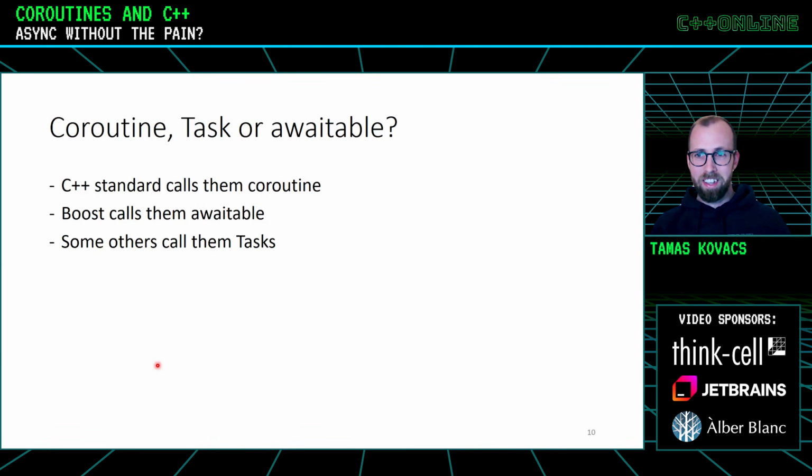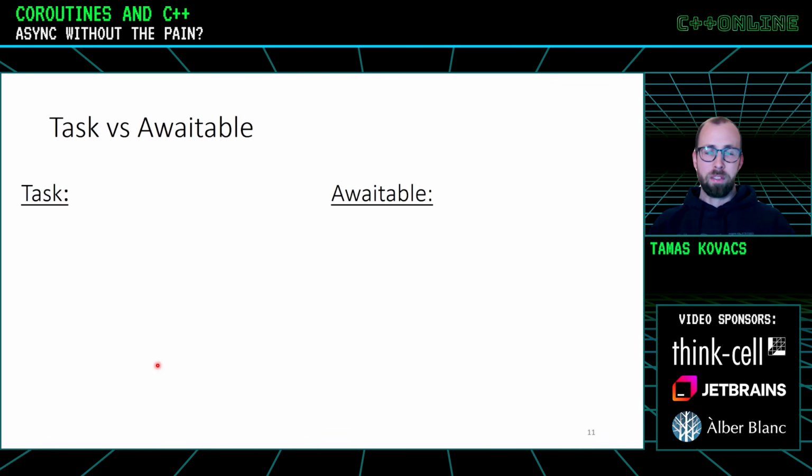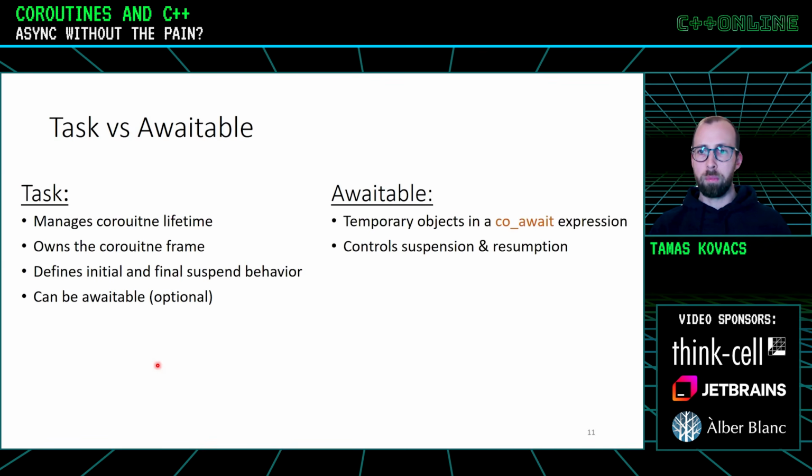Personally, I prefer the name task over the others, and I will also try to explain why. If we put them on the scale and compare the task with the awaitable, it quickly turns out that a task is a much bigger thing than an awaitable. The task is responsible for the lifetime of the coroutine. It manages the coroutine frame and the suspension behavior. In other words, it is some kind of controller, some kind of manager of a coroutine.